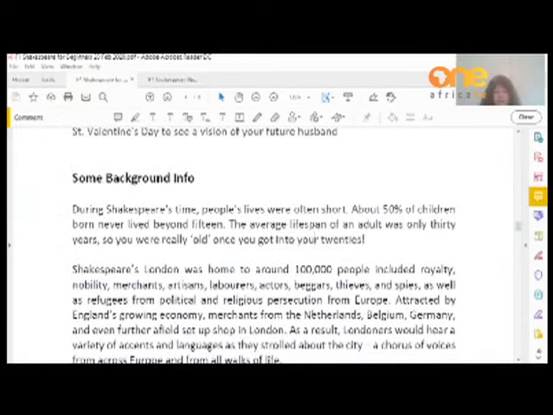Really strange. Right, London back in Shakespeare's time was home to around 100,000 people. So that was huge. So that shows how many germs were around then. So that included royalty, nobility, merchants, artisans, laborers, actors, beggars, thieves and spies, as well as refugees from Europe generally, because they were escaping from political or religious persecution.